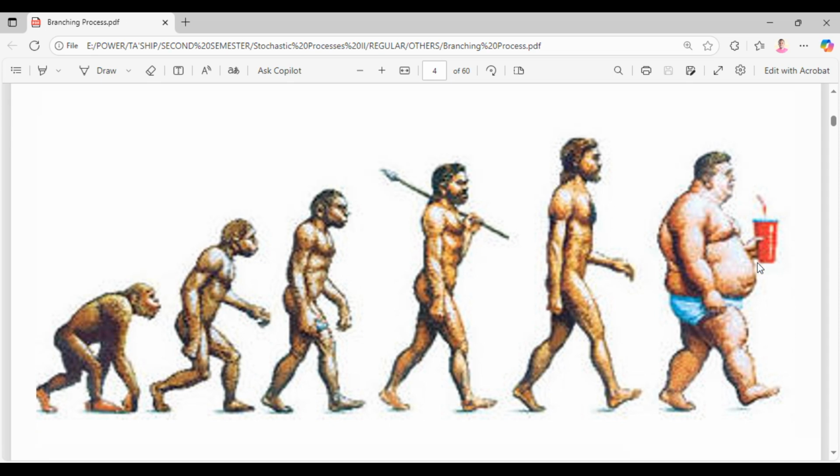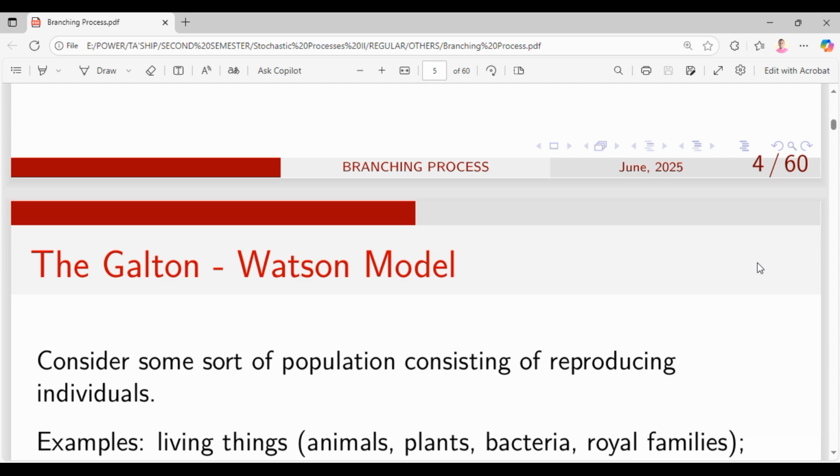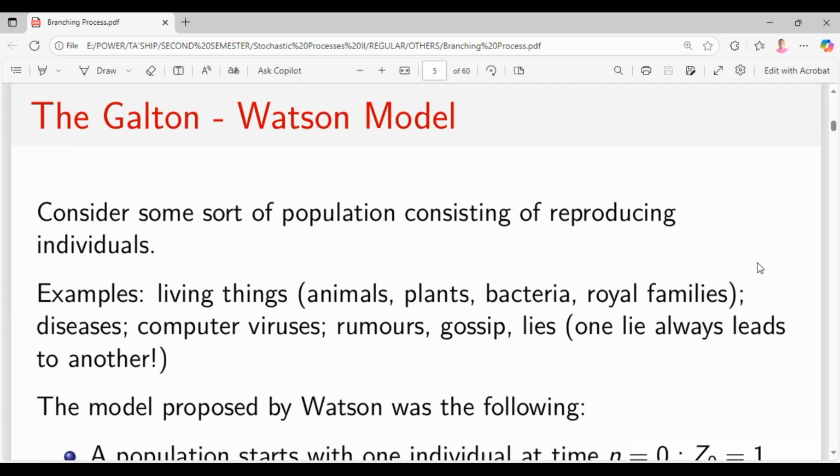Just that his half cousin actually wanted to apply the theory of probability to the concept of evolution. So let's look at the Galton-Watson model. They said that we should consider some sort of population consisting of reproducing individuals. By reproducing individual, we mean living things.